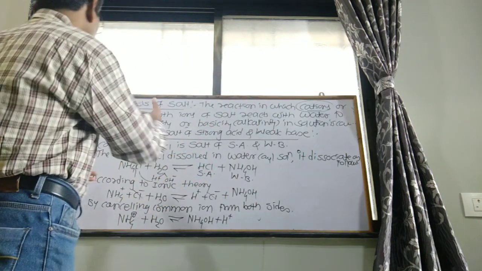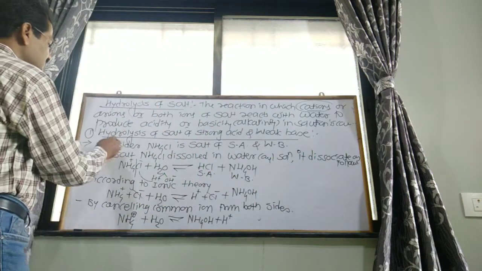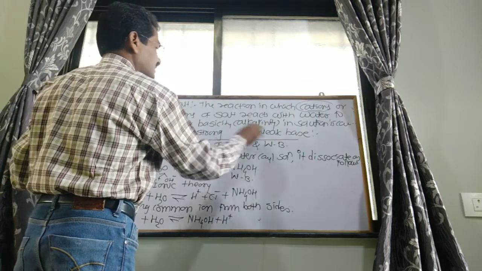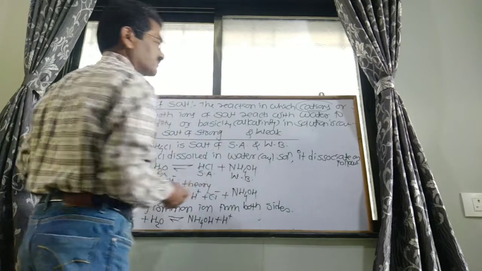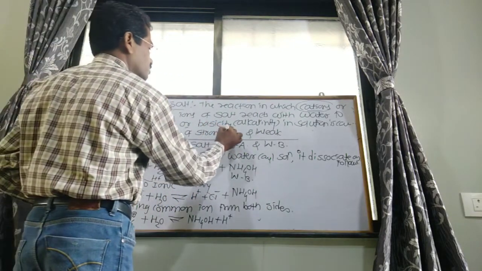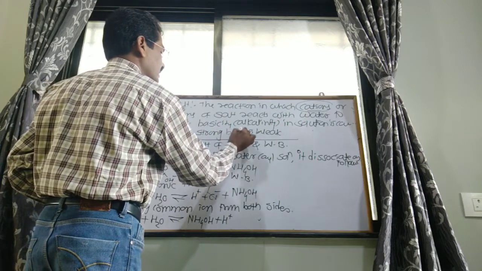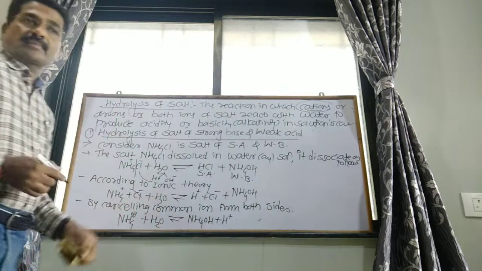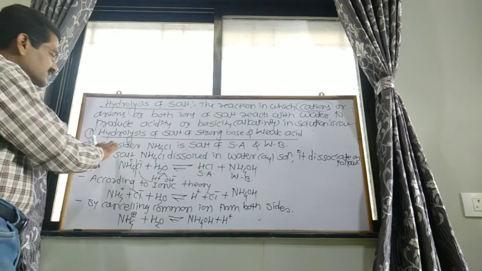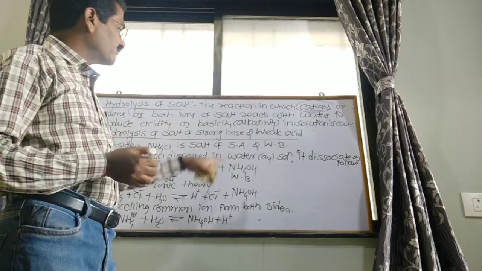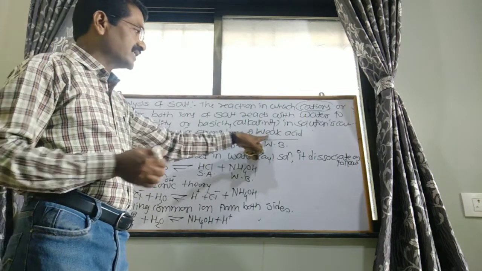Then another type: hydrolysis of salt of strong base and weak acid. For that purpose, consider one salt that is made up from a strong base and weak acid.